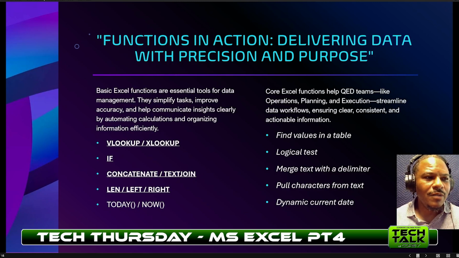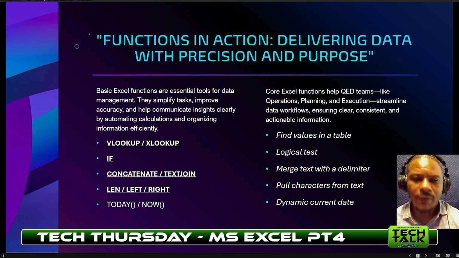So the VLOOKUP, XLOOKUP, or just lookup as a whole is for finding values in a table. If you remember a couple of sessions back, we talked about collections of data being tables, where you put it in the worksheet, but when you actually wanted to collectively have data, you call that a table.